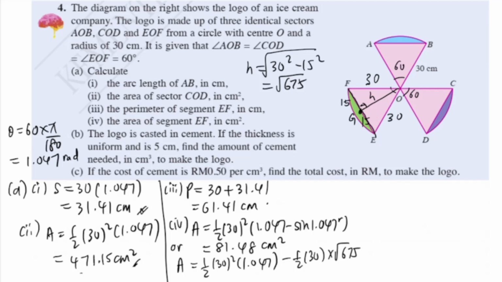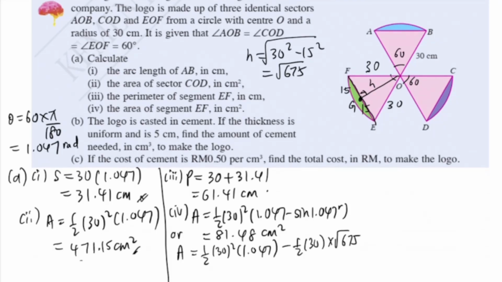If you use this method, your answer is 81.44, which is exactly the same as the one given in the textbook. So this is the textbook's answer because they use this. Is it more accurate? I don't know.